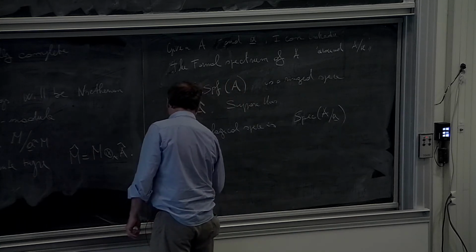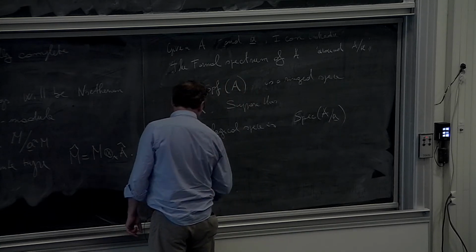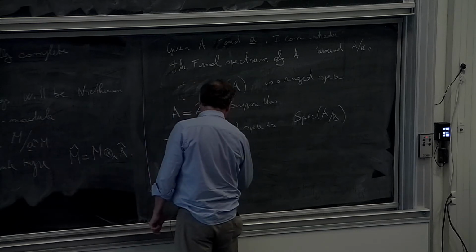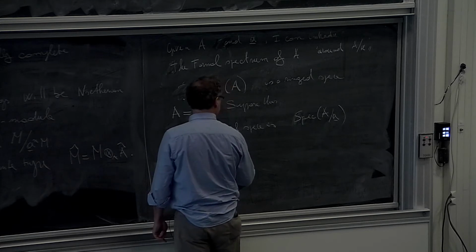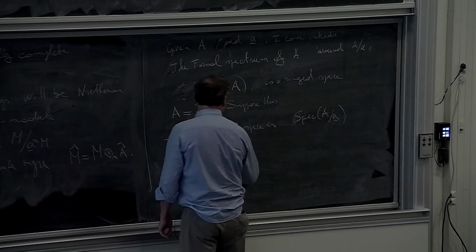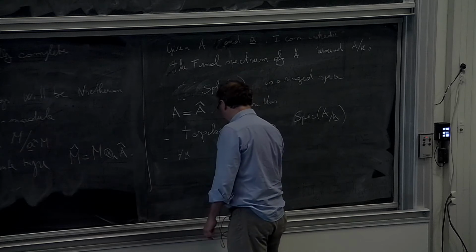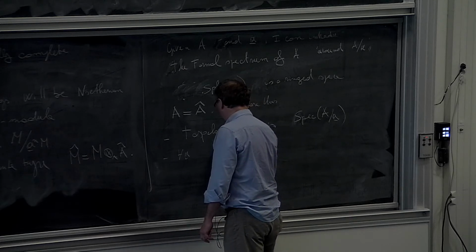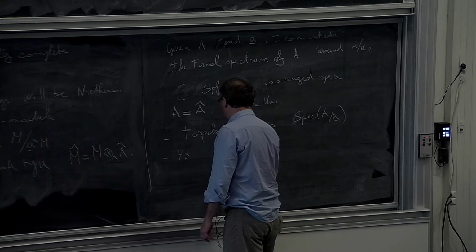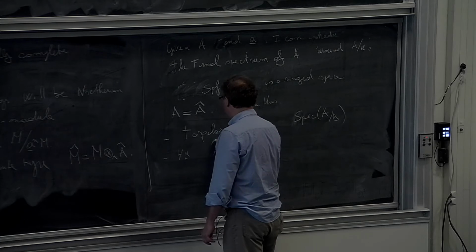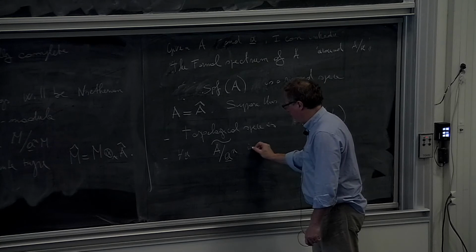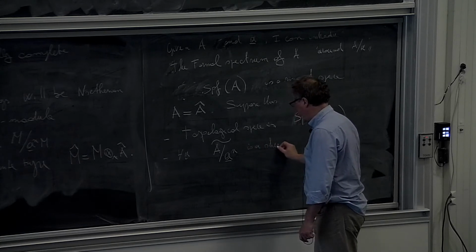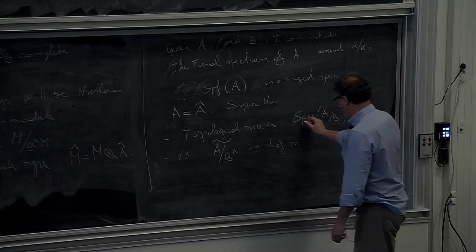Then for every n, I can consider the ring A divided by 𝔞 to the power n. The sheaf associated to this is a sheaf on this space.